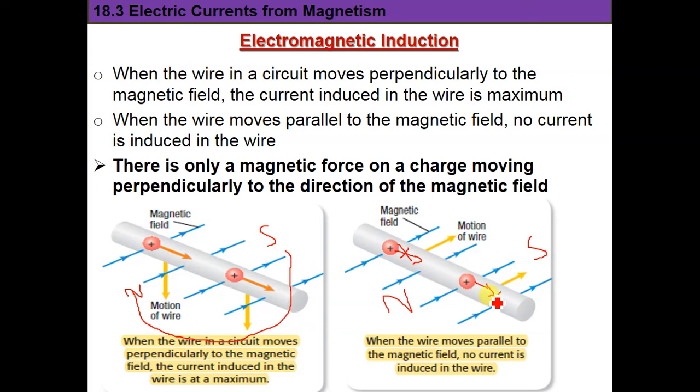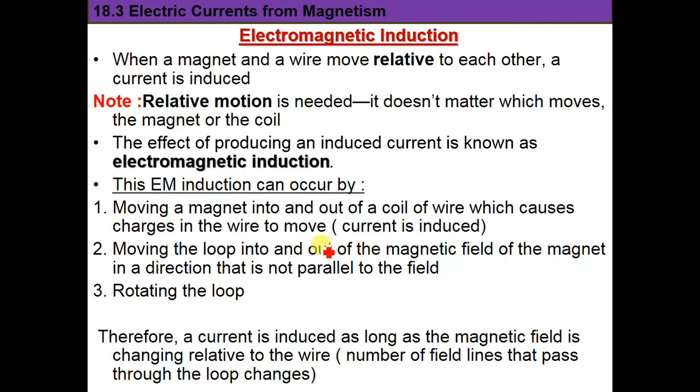That's why in the previous slide I told you to move the loop in and out of the magnetic field of the magnet in a direction that is not parallel, because if you move it in a parallel direction, no current will be produced, since there is no change in the magnetic field.